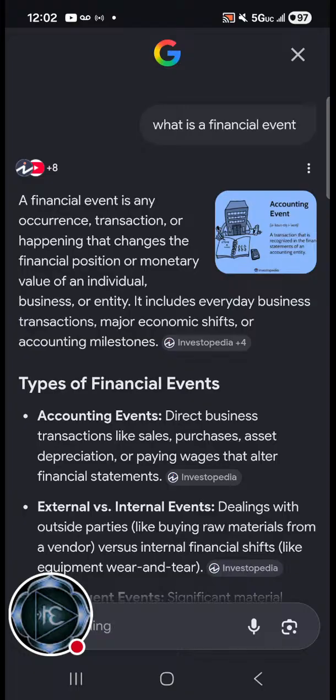A financial event is any occurrence, transaction, or happening that changes the financial position, okay? When people are trying to establish their own trust, that is an event. But you need to give notice of the event, okay? There's something that's changed.